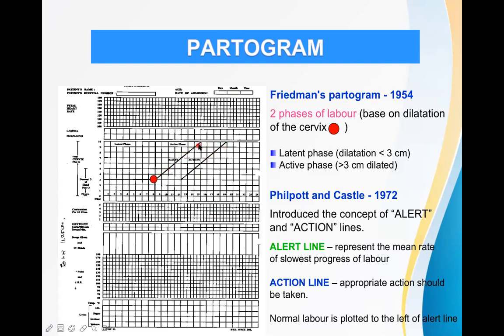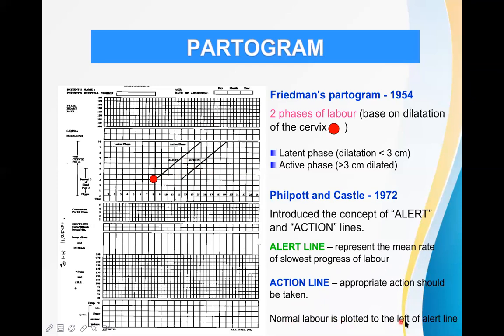At the alert line, we should be alerted about the progress of the labor. Already something is happening here. At the action line, definite action is needed. The alert line represents the mean rate of slowest progress of the labor, and at the action line, appropriate action should be taken. Still, if you do not take the action, then some problem can happen to the baby or the mother also.